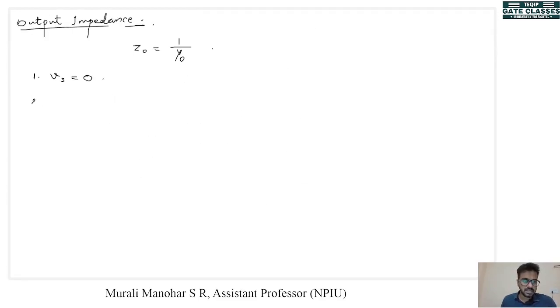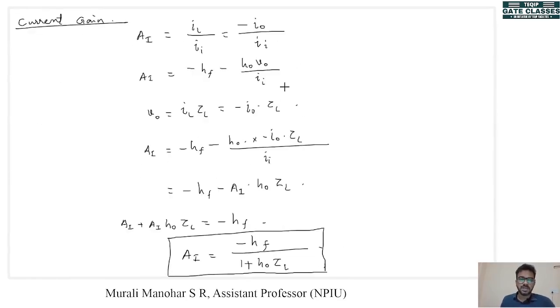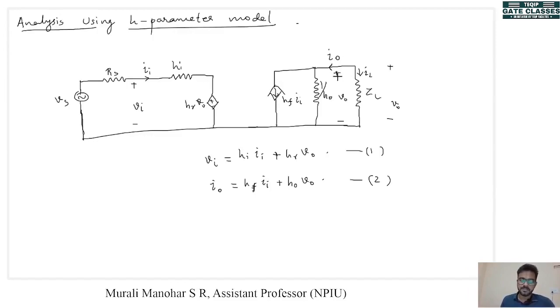Then the second thing is we need to set ZL to infinity, that is we need to remove ZL. And the third case is we need to apply a voltage at the output terminal, that is we have already removed ZL and we need to apply a voltage here and then find out the current through here, and that voltage divided by current will give us ZO.